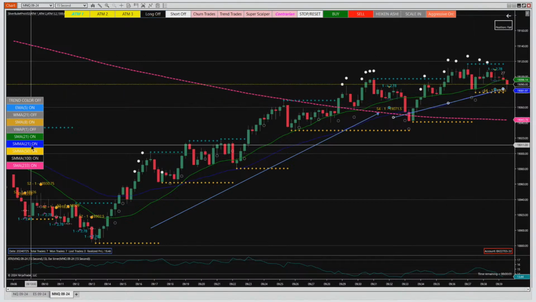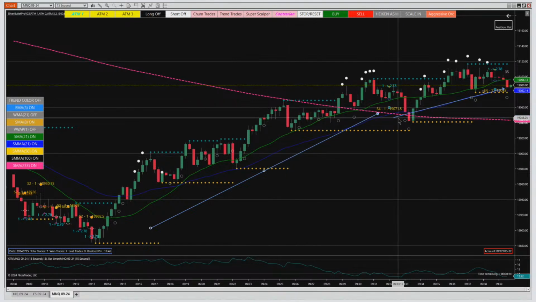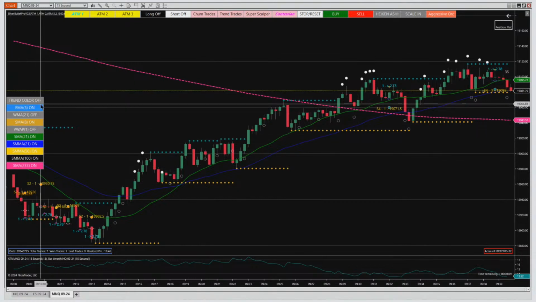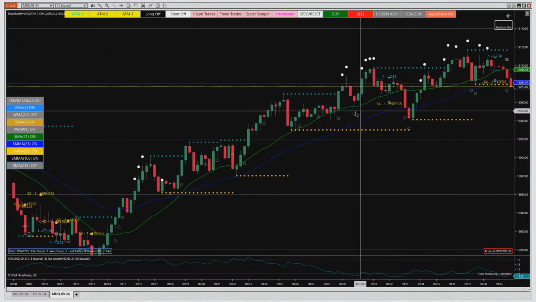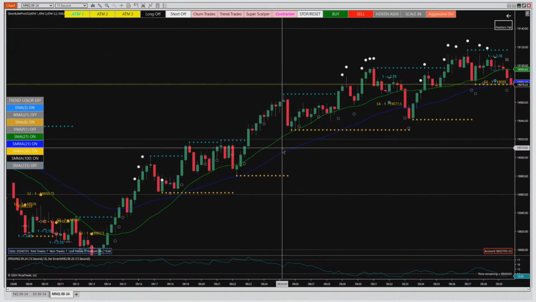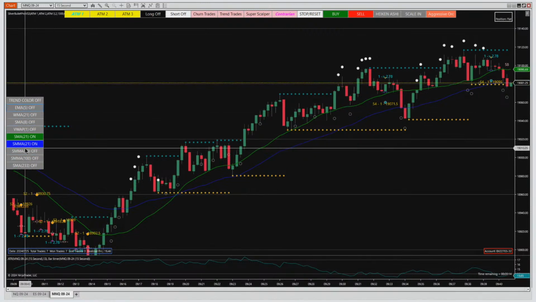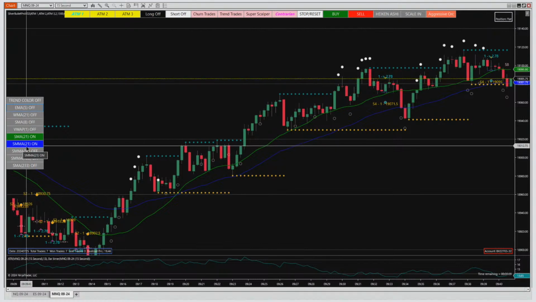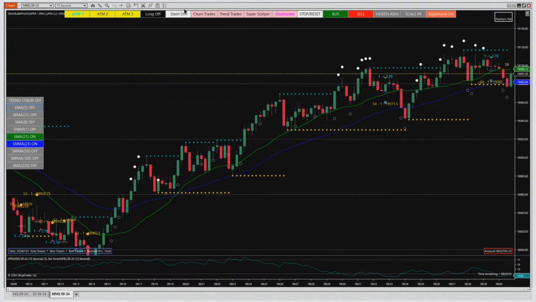I might have shown in my training that to know the trend, I sometimes draw just these two lines: the 21 SMA, and let me turn off everything else, and the 21 SMMA, which is a smoothed moving average. If these two are going parallel, it's a great day for default trades.